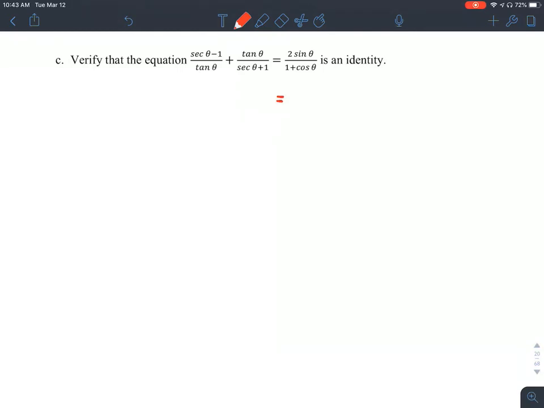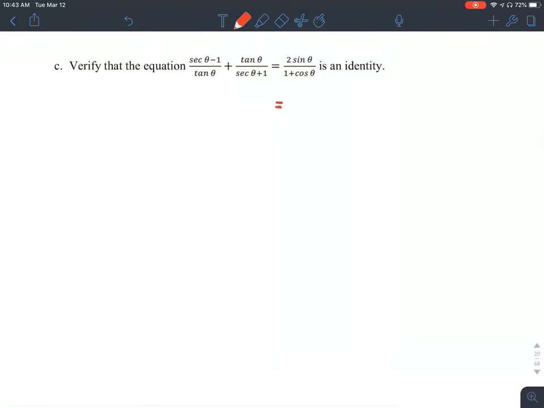I'm going to add these two fractions together. To do that, I'm going to multiply the fraction on the right by 1 in the form of tangent over tangent of theta, and the fraction on the left by secant of theta plus 1 over secant of theta plus 1. Here's what that does for me.